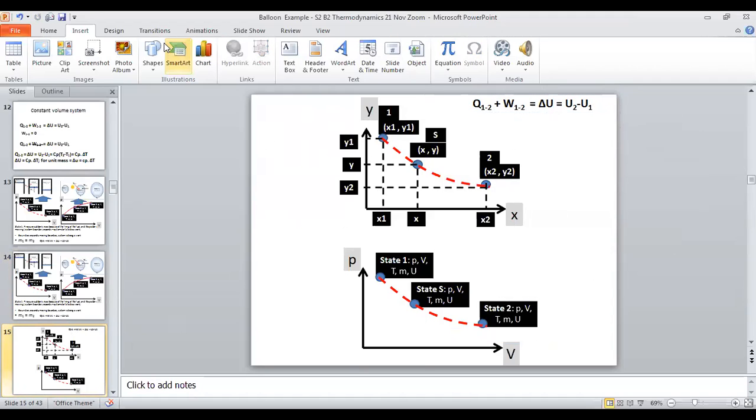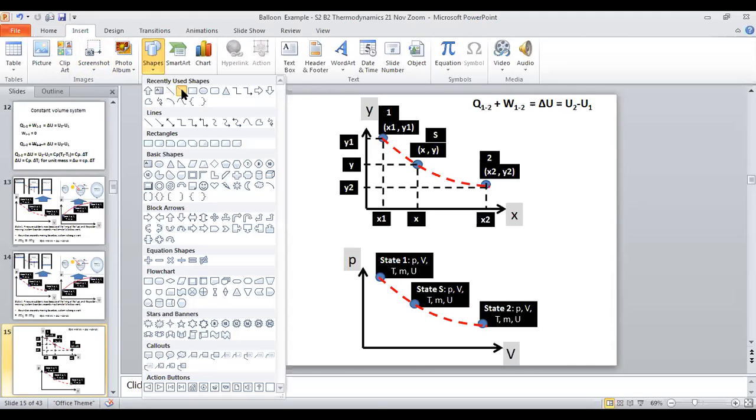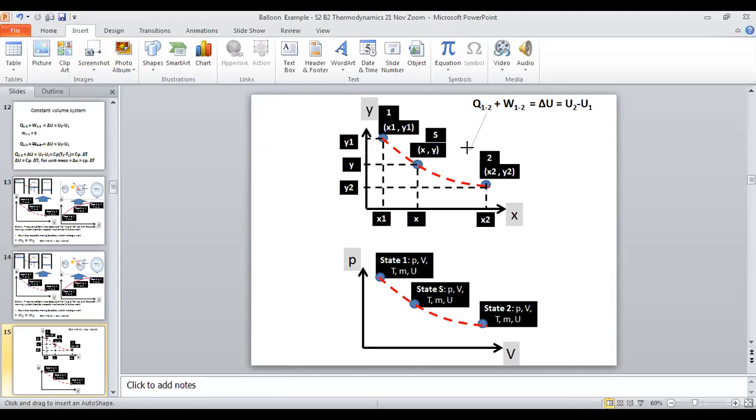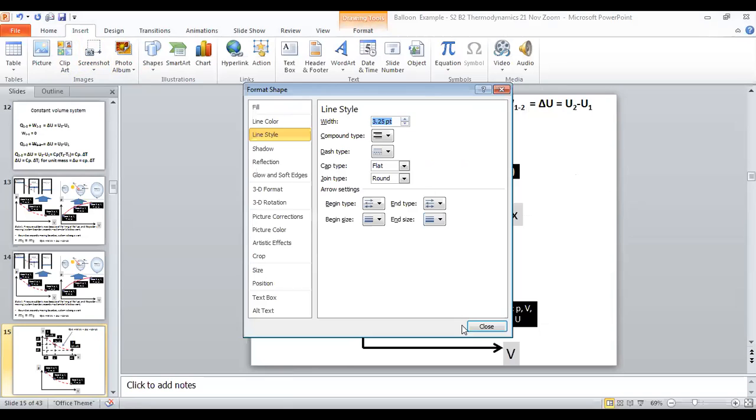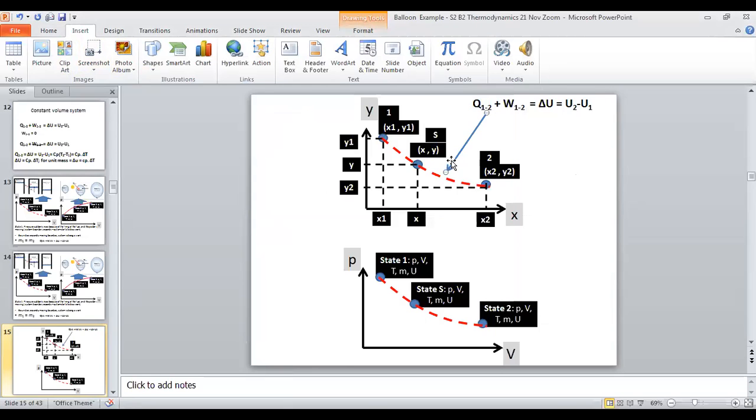So 1 to 2 means this graph, the segment of the graph from 1 to 2.